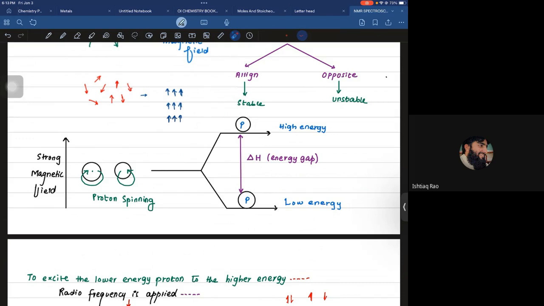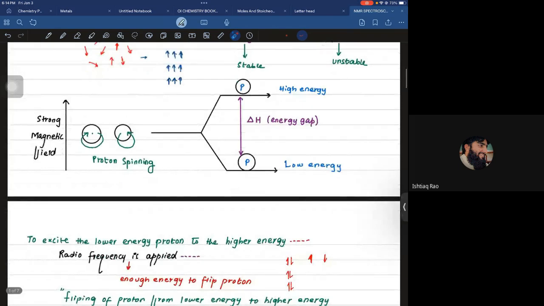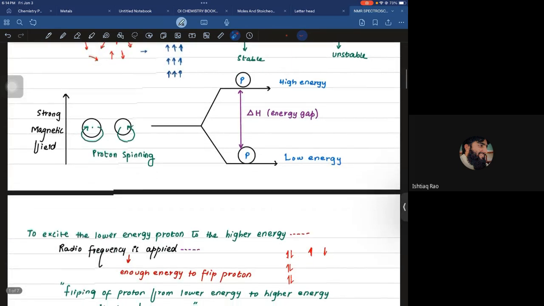After providing the radio frequency, you would see that this proton would flip. Let's suppose this is the proton that is flipped as a result of the radio frequency. When the proton flips, it goes to the higher energy, and obviously after some time it comes back to the ground state.